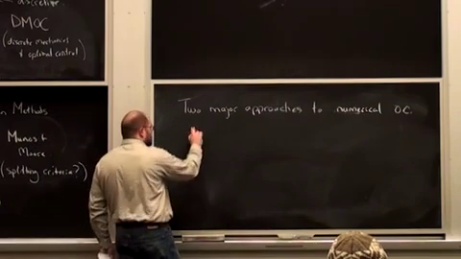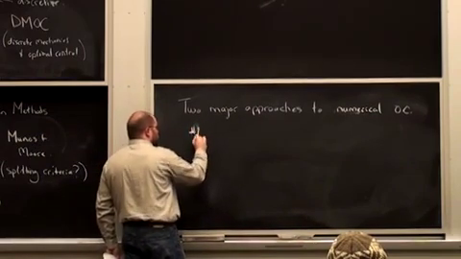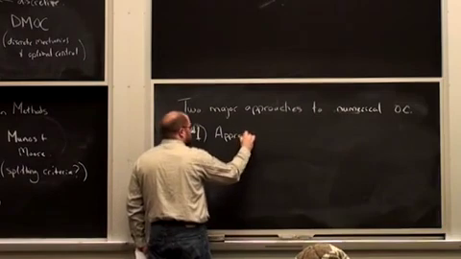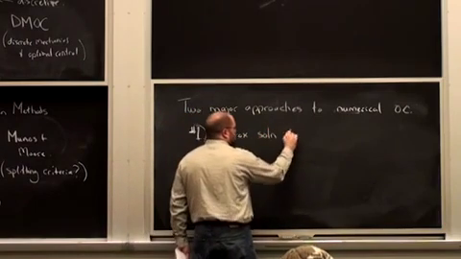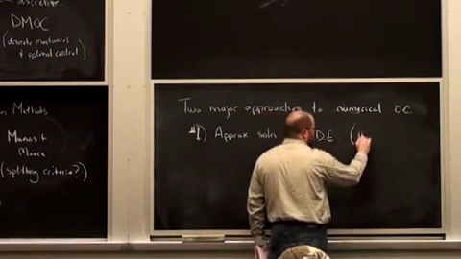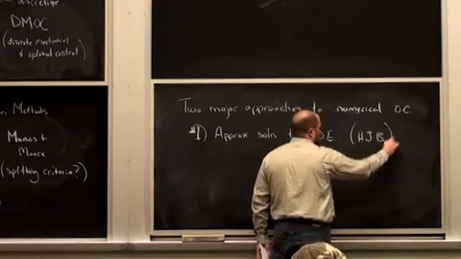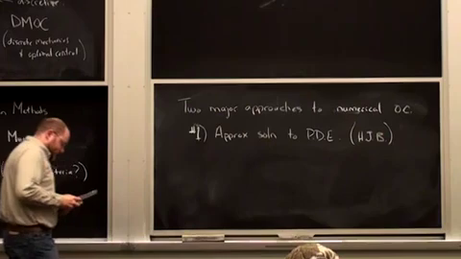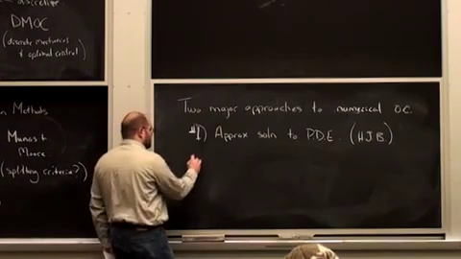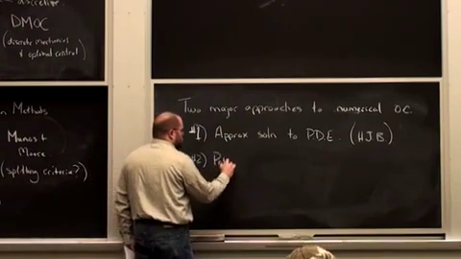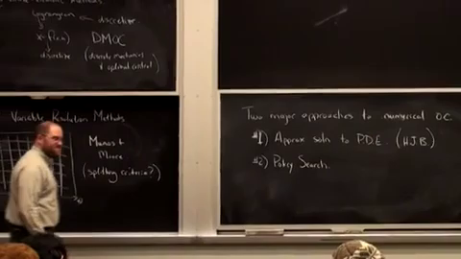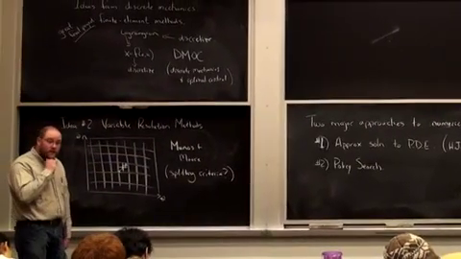The first one, like I said, is you're trying to solve a PDE, a partial differential equation. The particular name is the Hamilton-Jacobi-Bellman equation. But there is a second approach. The second approach is policy search. Direct policy search, okay?